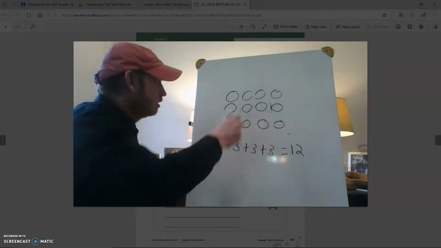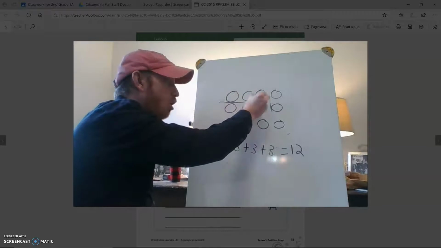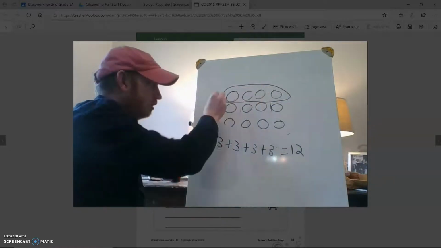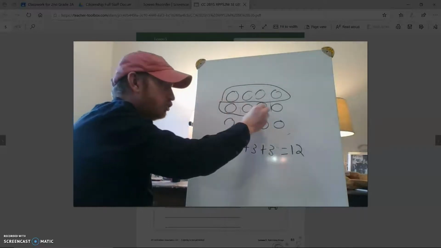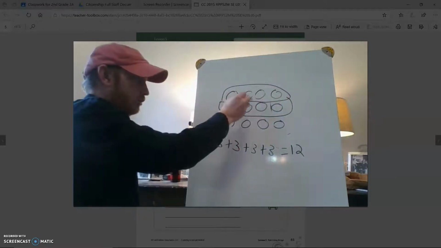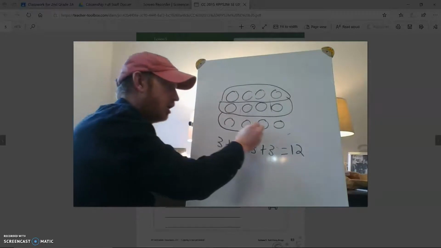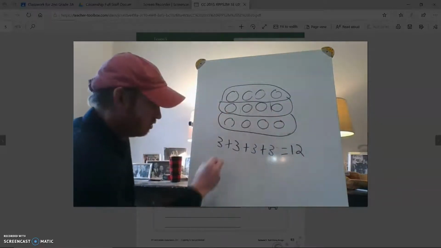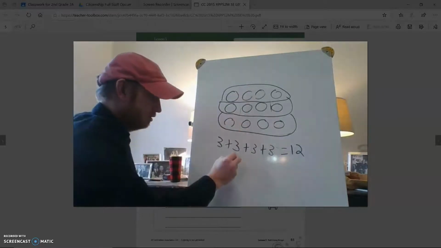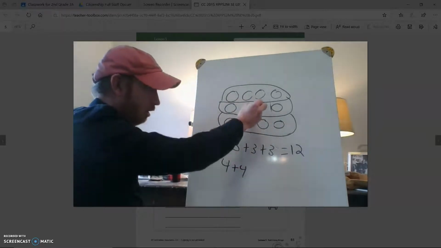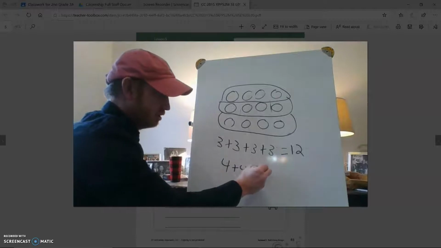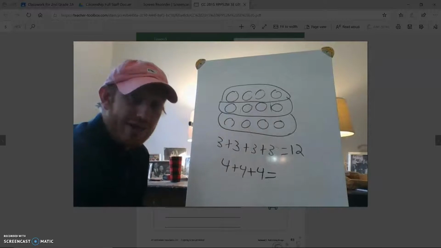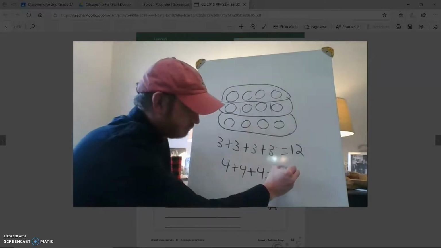Well, we'd have one group of 4, 1, 2, 3, 4. 2 groups of 4, 1, 2, 3, 4. 3 groups of 4, 1, 2, 3, 4. So 4 plus 4 plus 4. And that also equals 12.